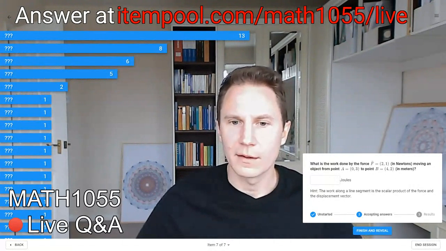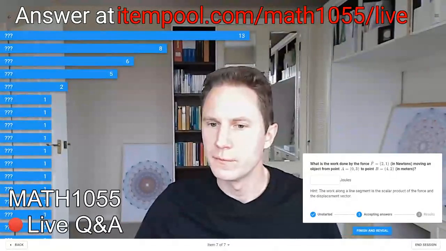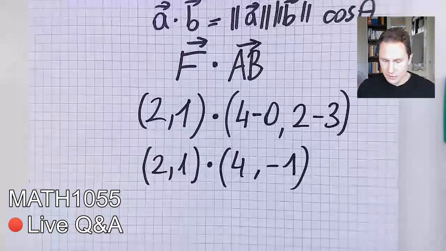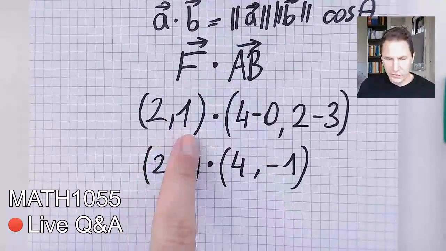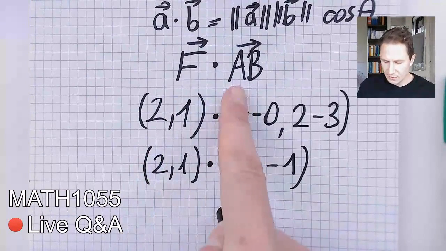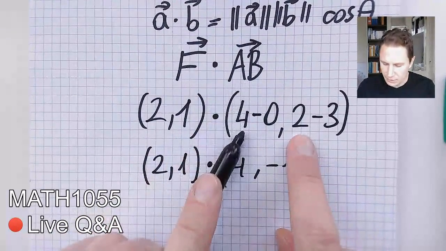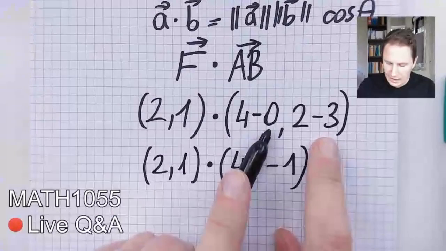Okay, let me just close it and show you quickly the answer. Sorry if you didn't have time to submit your solution. So it was 7 joules, and the basic idea is that you have to calculate this scalar product. The vector f was given by these coordinates, and the points were given by these coordinates. So b was 4, 2, and a was 0, 3.